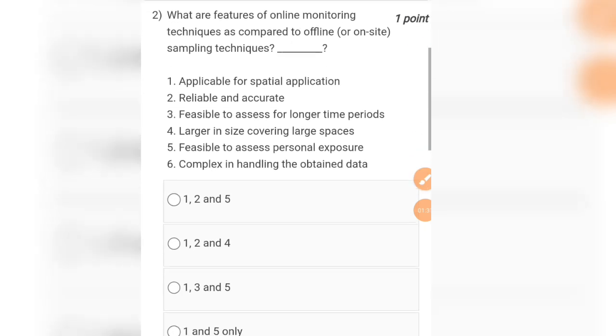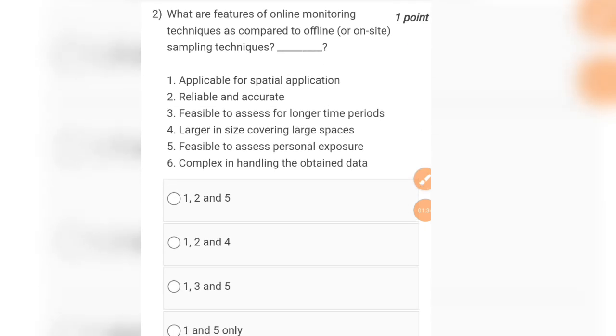Okay, moving to the next question. Question number 2 is: what are features of online monitoring techniques as compared to offline or on-site sampling techniques? So point 1 is applicable for special application. Point 2 is reliable and accurate. Point 3 is feasible to assess for longer time periods.